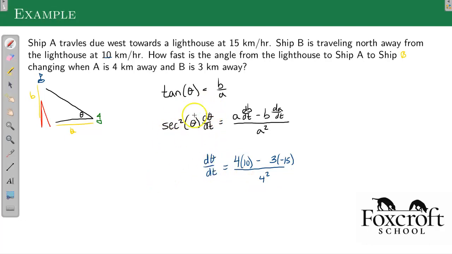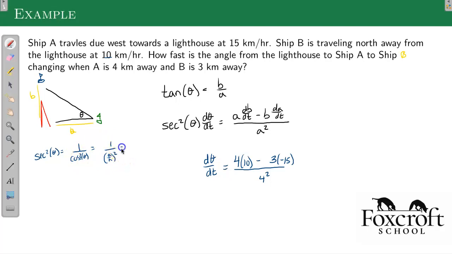And we just need to know secant squared of theta. Well, secant squared of theta is 1 over cosine squared of theta. And cosine is adjacent over hypotenuse.